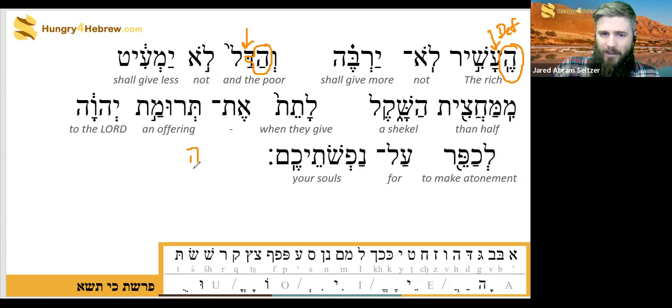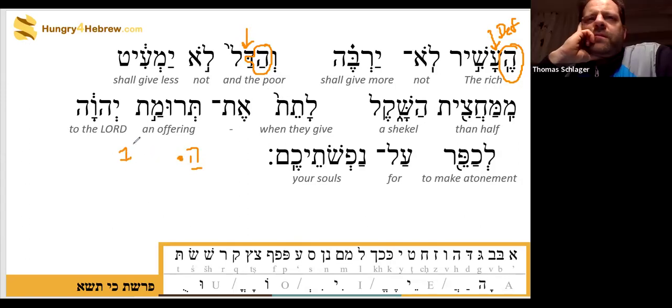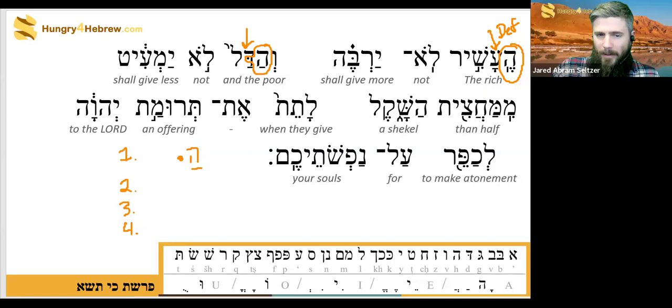So we've got hey patach dagesh, which is the normal form. That's option one. What are the other options? Suppose an aleph or a resh starts the word. What will the definite article look like?